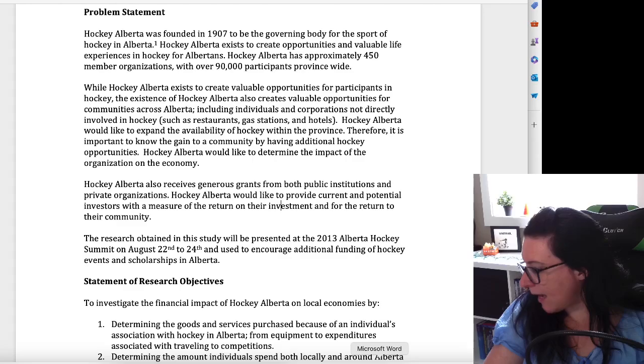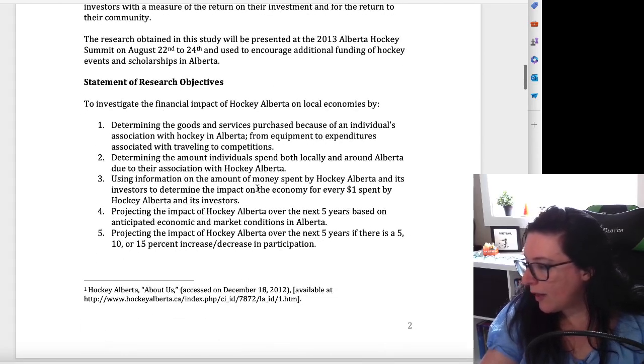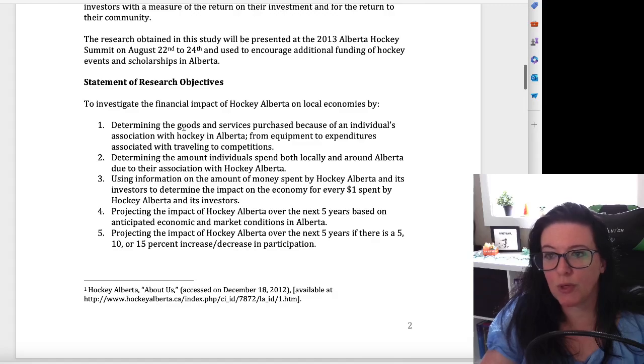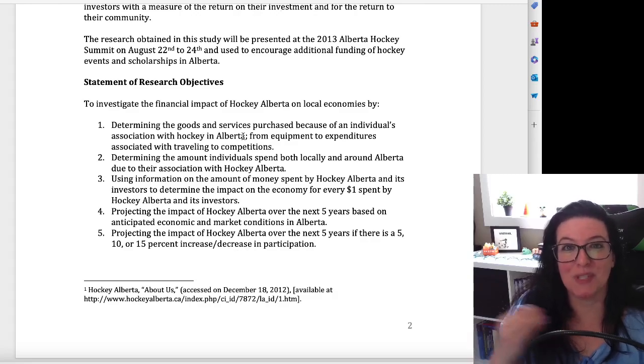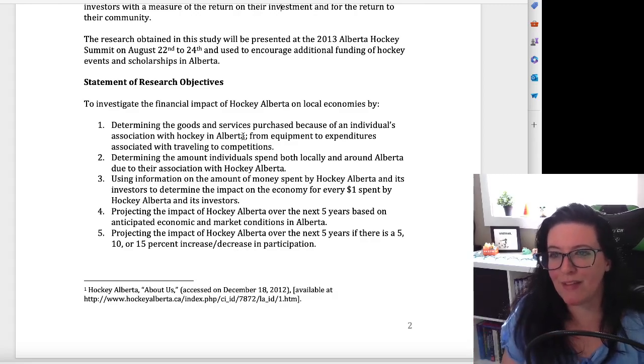In the example here, a successful research project will determine the goods and services purchased because of association with hockey, determine the amount of individuals, the amount that individuals spend locally and around the province.